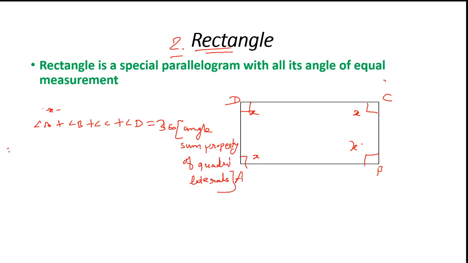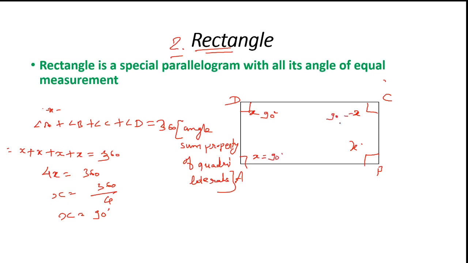So here x plus x plus x plus x is equal to 360 degrees. 4x is equal to 360 degrees. So x is equal to 360 degrees divided by 4. x is equal to 90 degrees. So in this way we can say that in the rectangle all the angles are of 90 degrees.